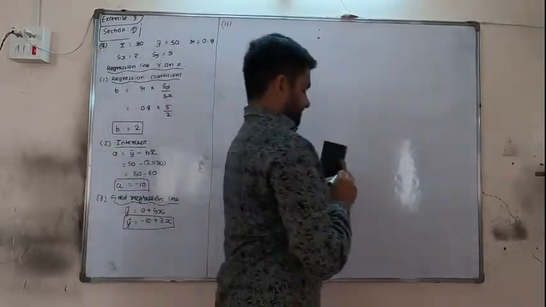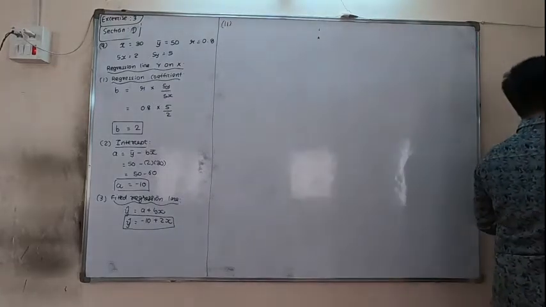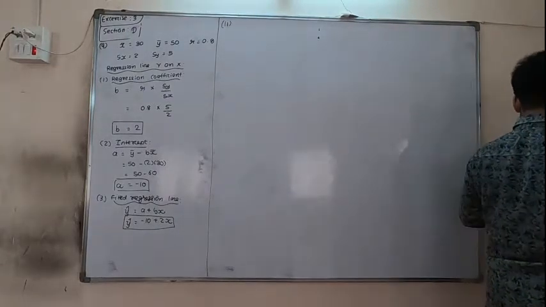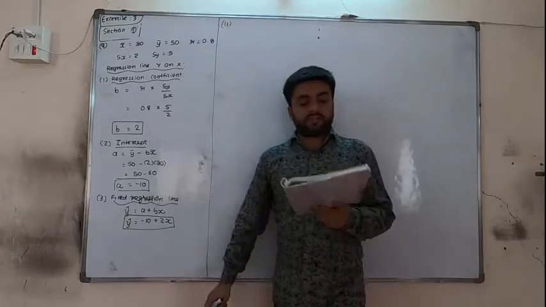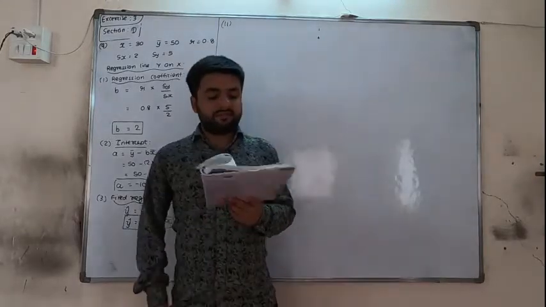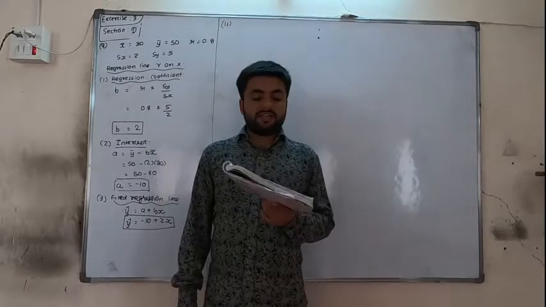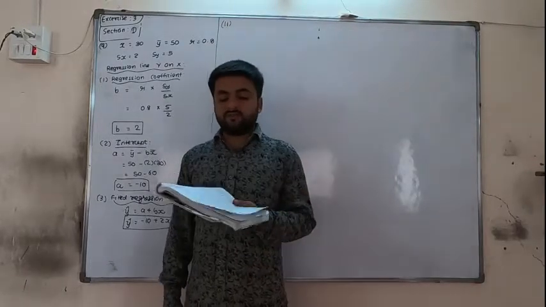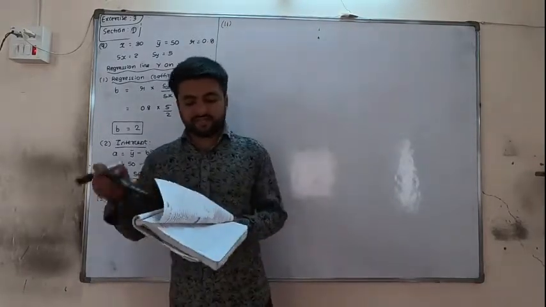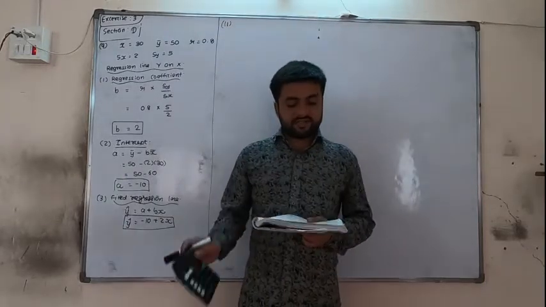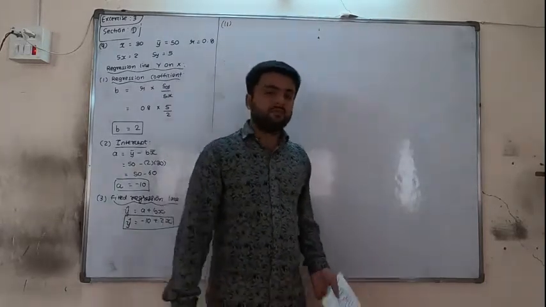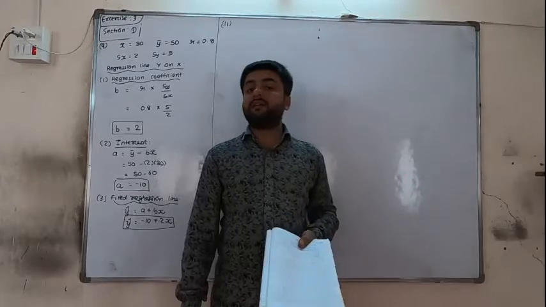So we have this. In u, v notations, n is 7, sigma u is 2, sigma v is 25, sigma u square is 160, sigma uv is 409. Obtain the regression line y on x and interpret it. We want to interpret, and we have to obtain the regression line.